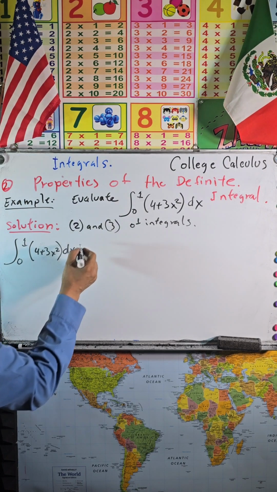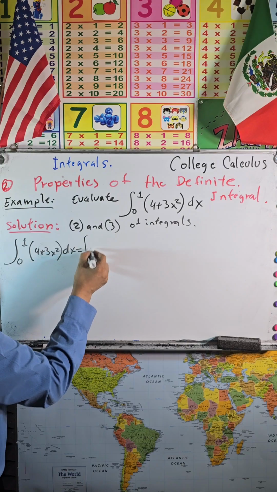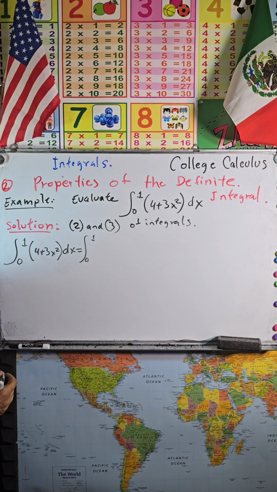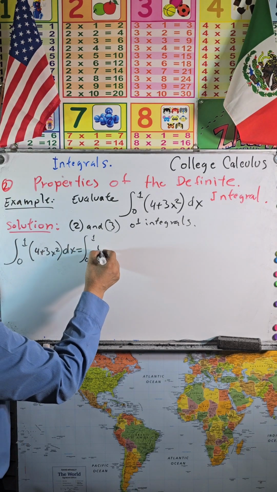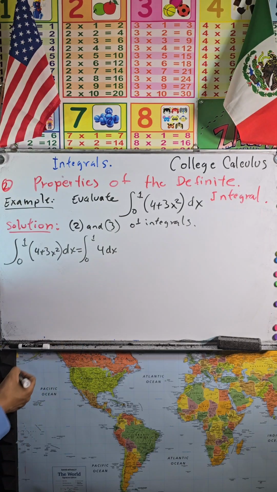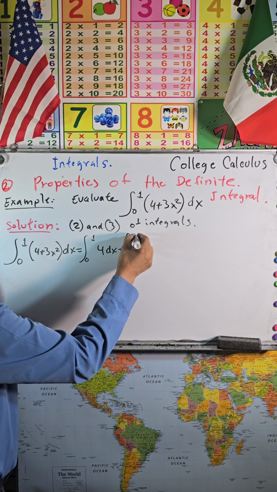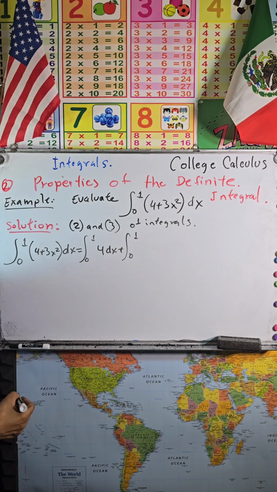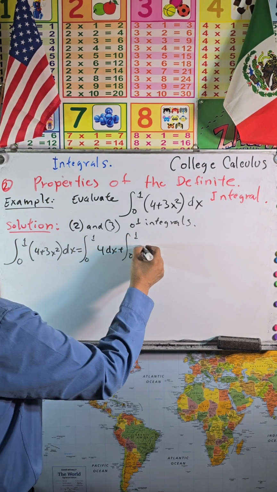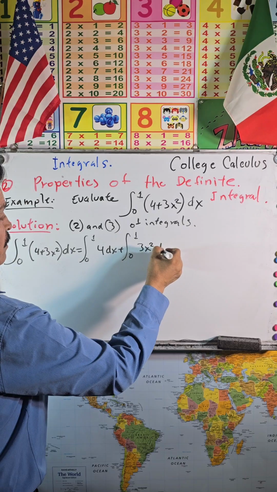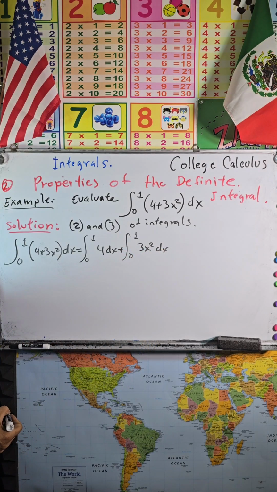All right, so let's write the integral from 0 to 1 of 4 differential x plus the integral from 0 to 1 of 3x to the second power, differential of x.